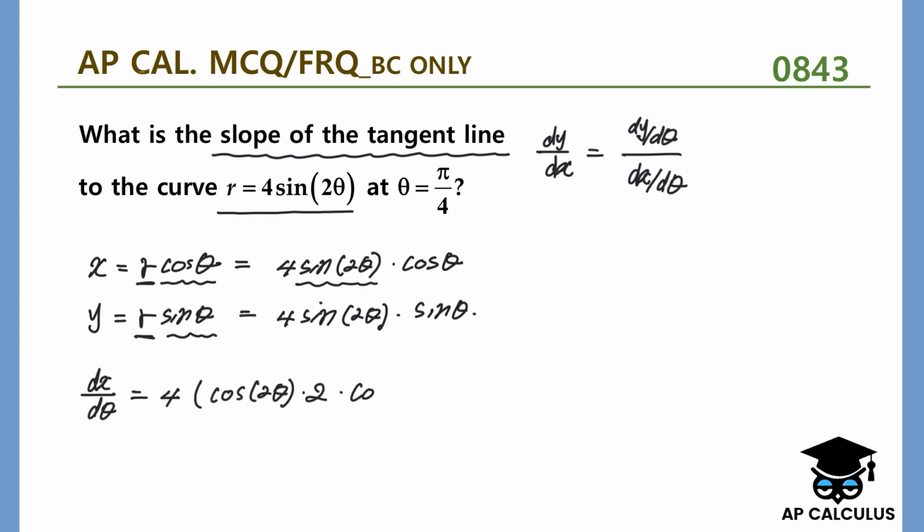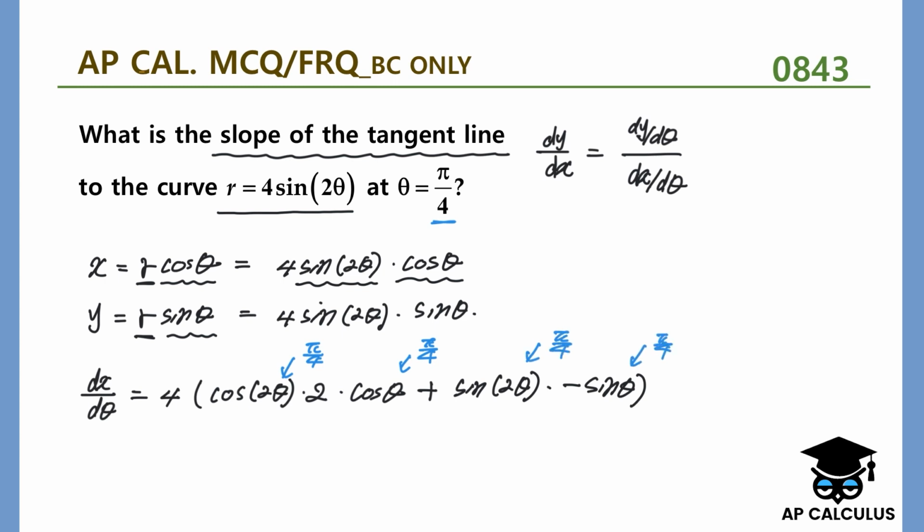And we have cos θ, plus, leave sin 2θ alone, and multiply by the derivative of cosine, which is negative sine, right? So for dx/dθ when θ is π/4, we're going to substitute π/4 for each θ.